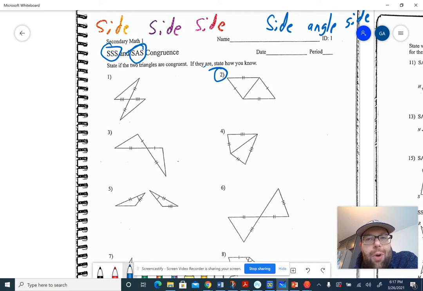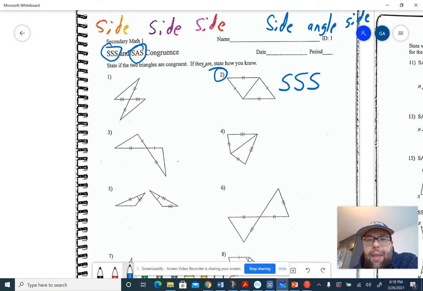And then to qualify, I need a third piece of information, right? Well, both these triangles share this side, right? If they share the side, then it has to also be congruent because it's the same side. It's the same length on both triangles, right? So this is going to satisfy the side, side, side theorem because all three sides of each triangle have a congruent counterpart in the other triangle.